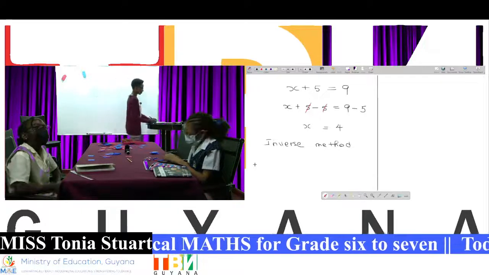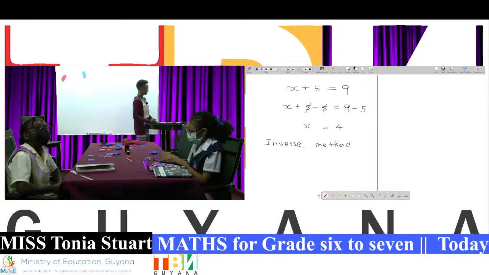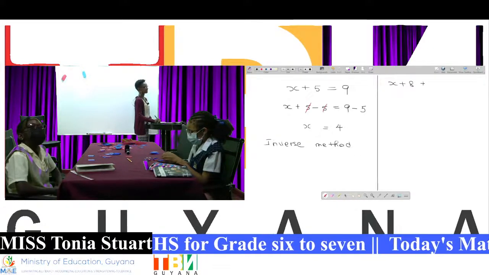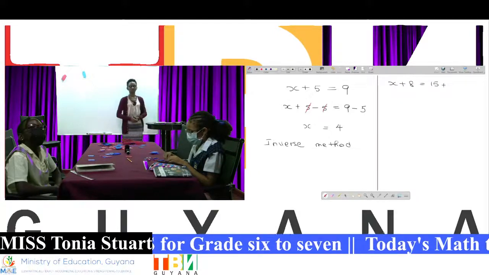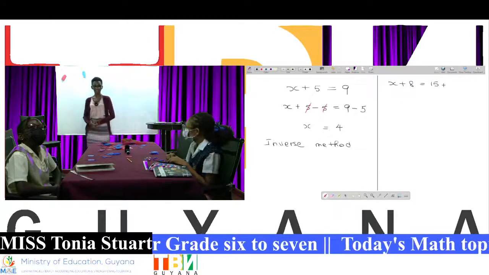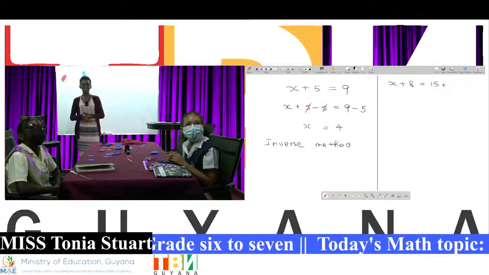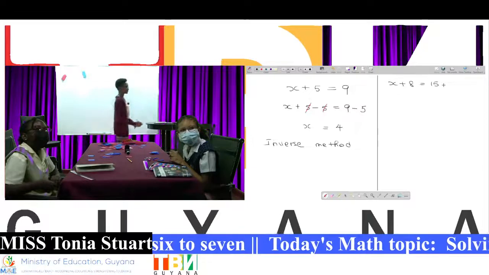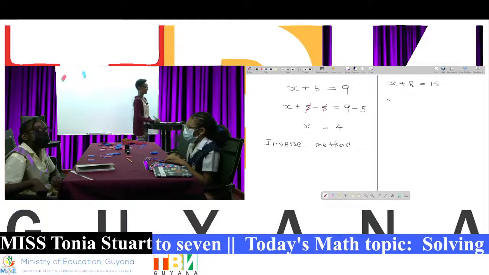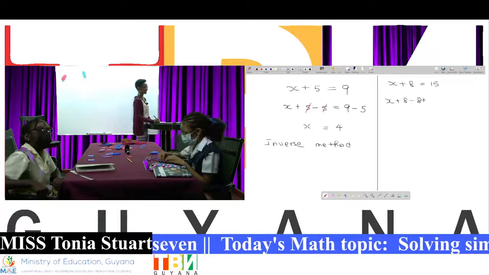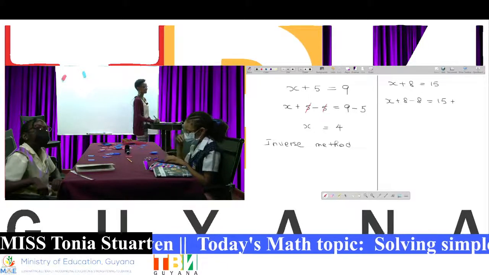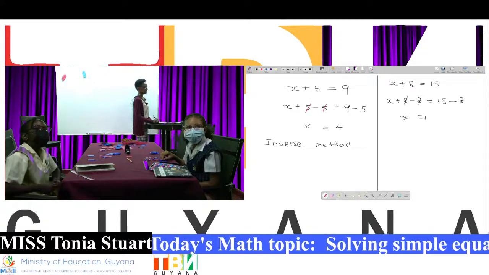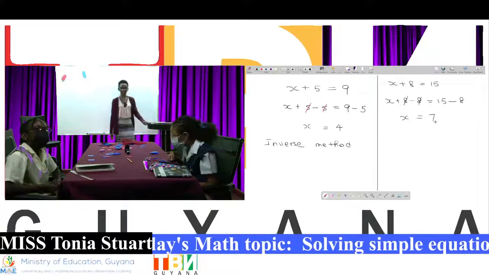So without the tiles, let's say you have x plus 8 is equal to 15. What would you get without the tiles? 7. So x plus 8 minus 8 is equal to 15 minus 8. So you have 0. x is equal to 7.